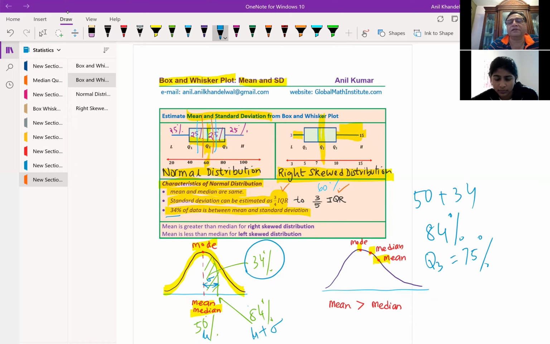So when you go to 84 to check where the standard deviation is, it should be at 84 minus 75, which is 9% extra from Q3. Do you see that? So what I'm trying to say is Q3 plus 9%.